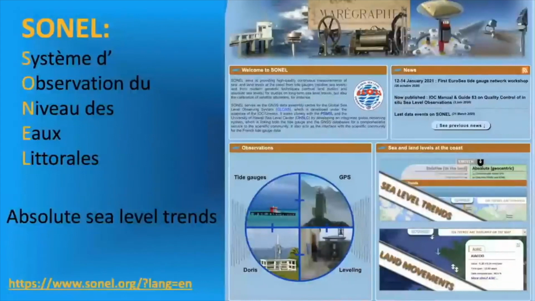To understand how the land is moving, you can go to SONEL, this Système d'Observation du Niveau des Eaux Littorales, and you have a lot of information here. You have sea level trends and land movements. And in sea level trends, you have the relative to the land and the absolute. And I'm going to talk a little about this absolute geocentric sea level changes.